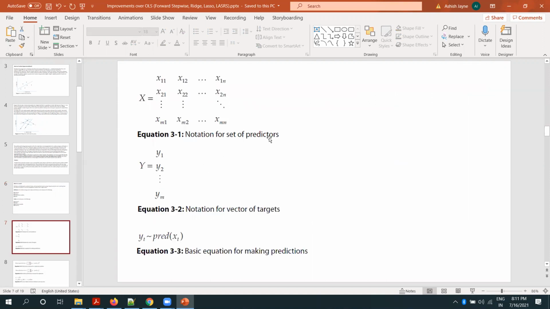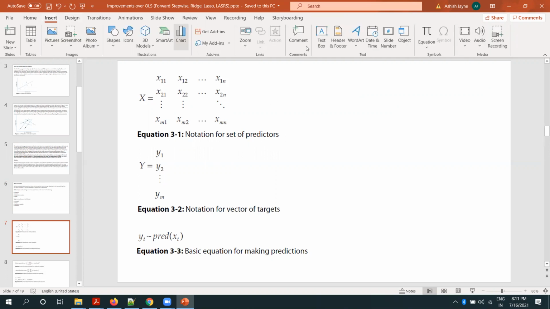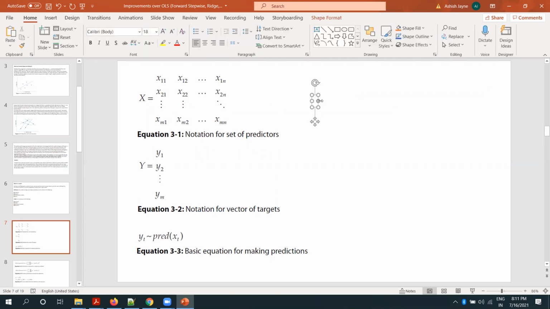Now, these are the mathematical notations for putting a matrix before you. If the number of rows is m and the number of columns is n, this is an m by n matrix.